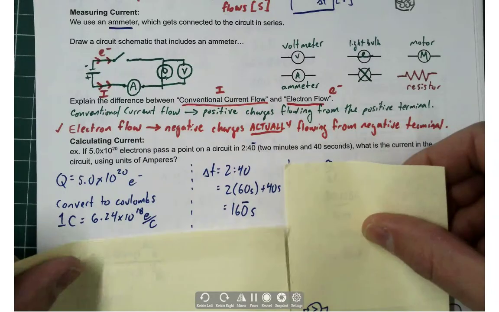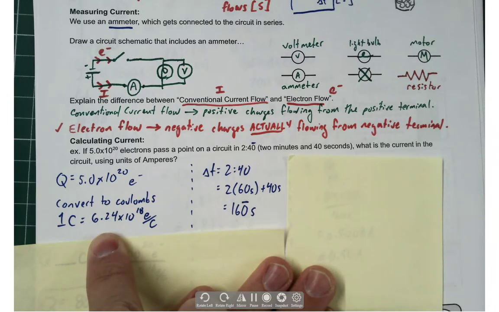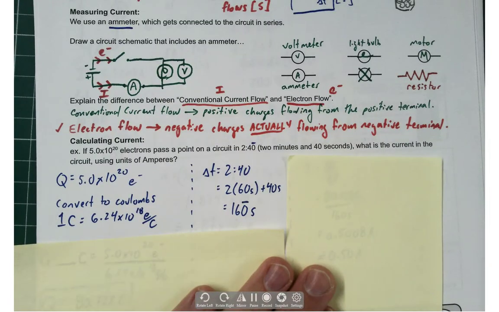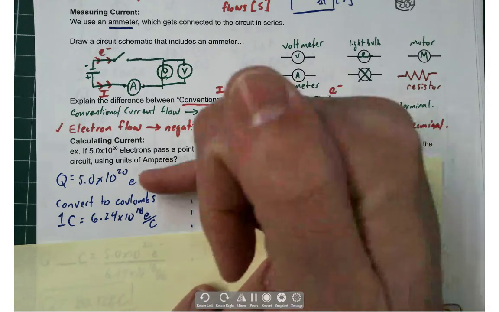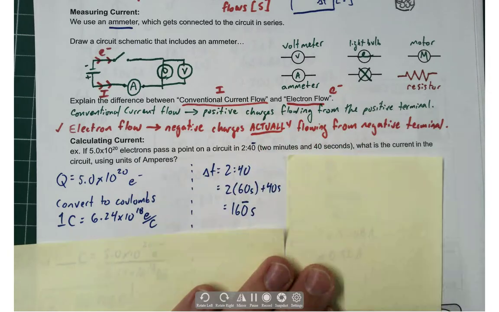Now, when it comes to 5.0 times 10 to the power of 20 electrons, we have to be able to convert it into coulombs. So there are 6.24 times 10 to the power of 18 electrons per coulomb. Writing it like this, the number of electrons per coulomb, helps me think out how I would turn this into a coulombs value. Units-wise, I know electrons isn't really a unit.